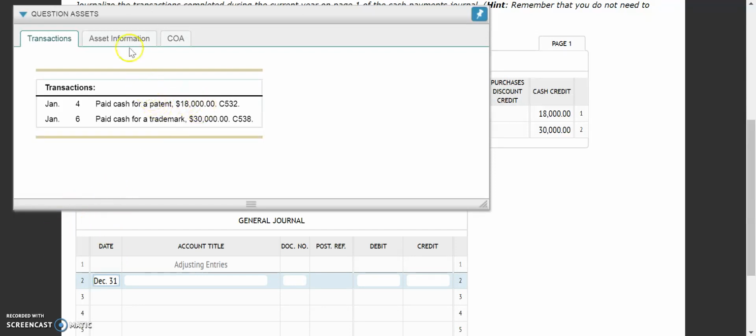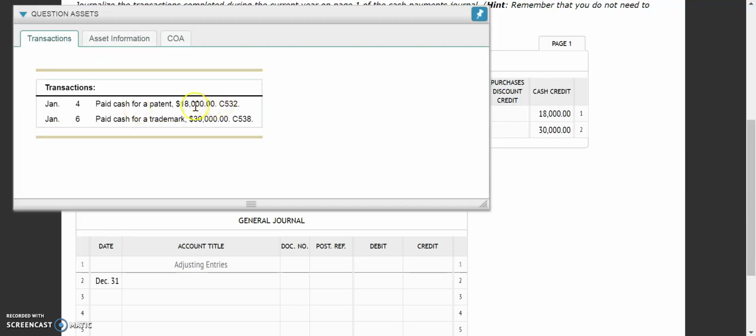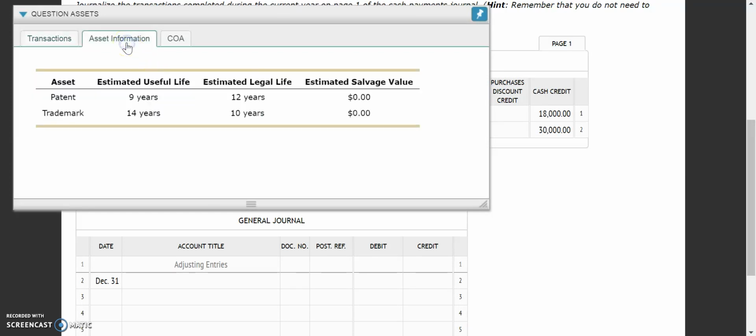And remember, when we are figuring out our patent information, we take our original cost of 18,000, and we divide that by whichever is less, whether it's the estimated useful life or our estimated legal life.